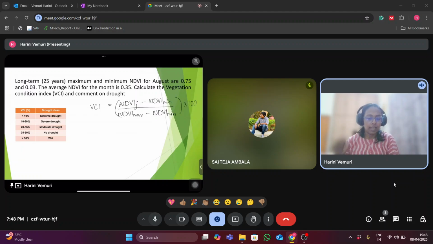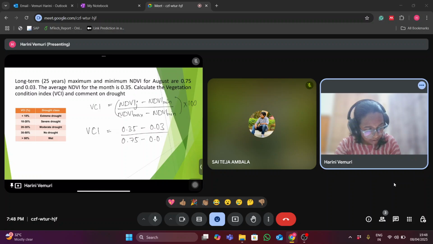NDVI J is the average value of NDVI for that particular month. So VCI for August month: the value is 0.35 minus NDVI minimum, the long-term minimum for August, 0.03, by NDVI maximum, the long-term maximum for August, 0.75, minus 0.03, into 100. That is equal to 0.32 by 0.72 into 100, which is equal to 44.44 percent.